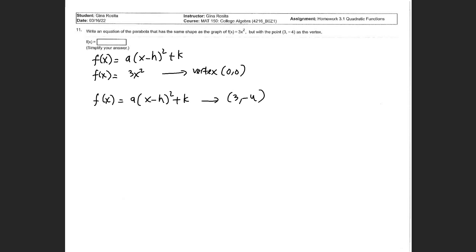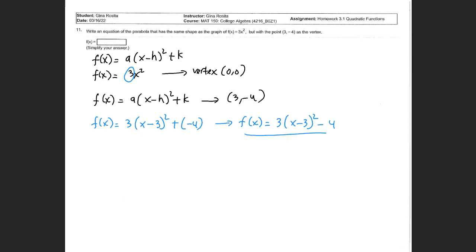Now we can see a is 3. So f of x equals 3 times x minus 3 squared plus negative 4. K is negative 4. We can simplify: f of x equals 3 times x minus 3 squared minus 4.